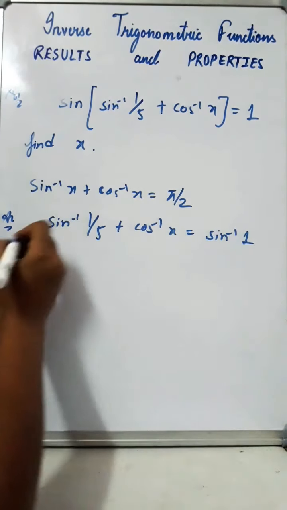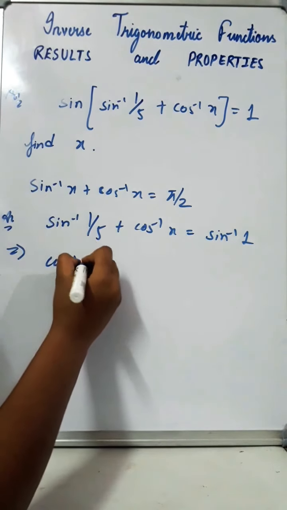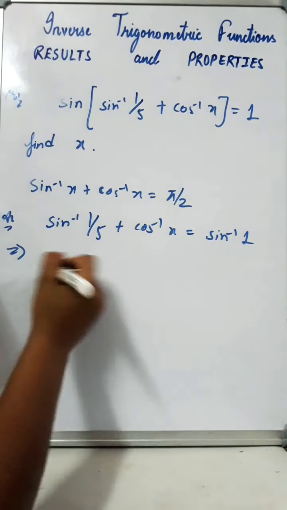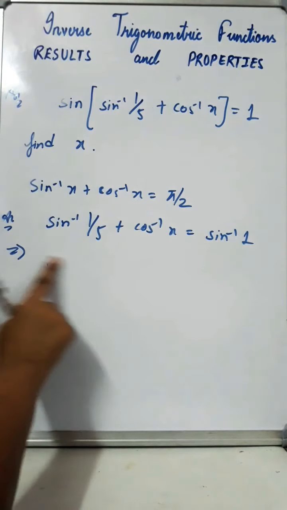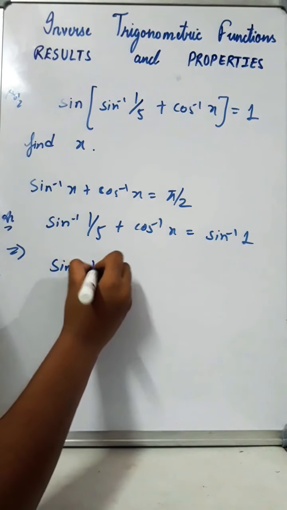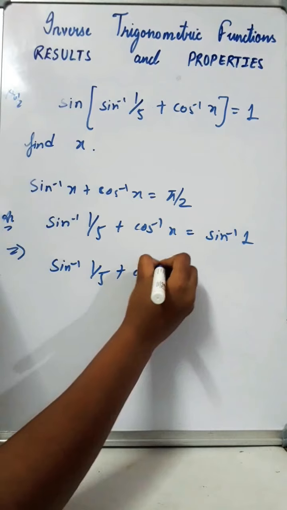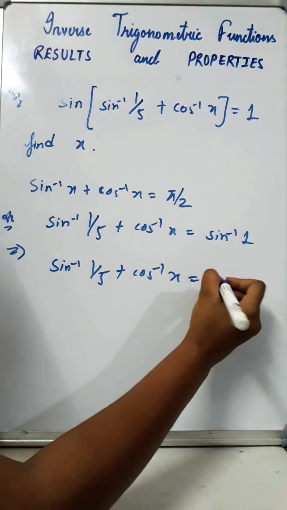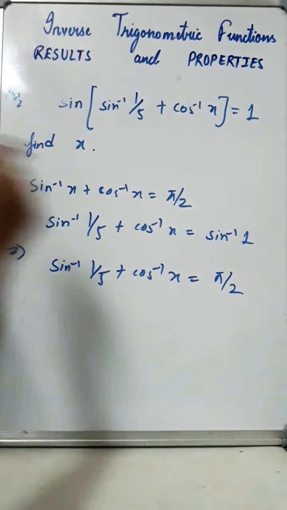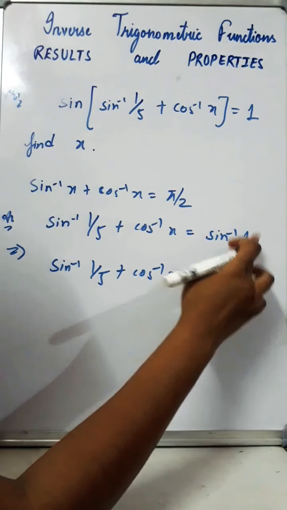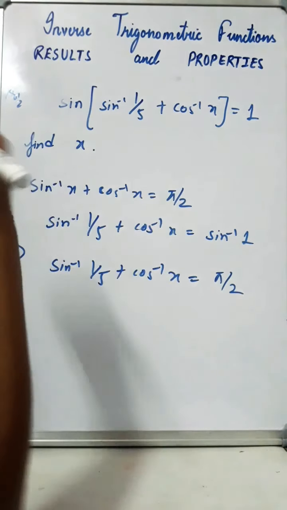Sine inverse 1 is pi by 2, since 1 is sin pi by 2. Sin inverse sin cancel, you get pi by 2.